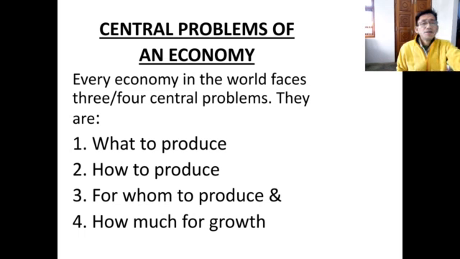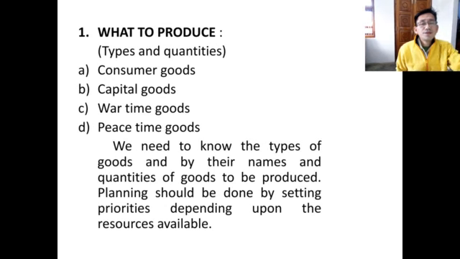Okay. The very first problem is what to produce. We need to produce goods and services, but what types of goods are to be produced? Goods can be divided into four types. Number one, we have consumer goods.